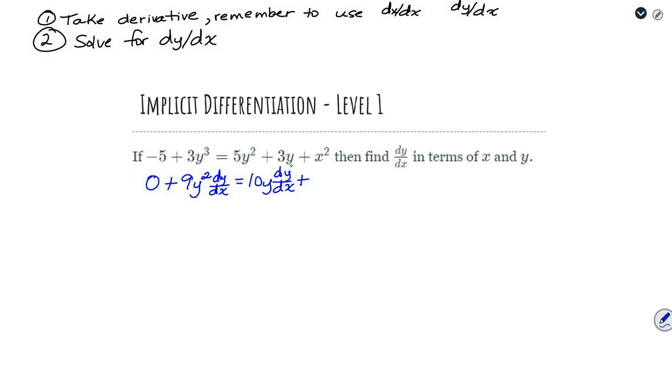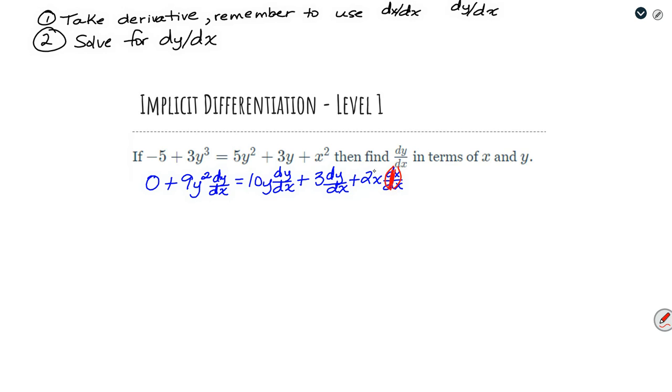Plus the derivative of 3y is 3 dy dx. Plus derivative of x squared is 2x dx dx. Just remember, though, that dx divided by dx is really 1, because anything divided by itself is 1. And so if you don't want to write the dx, you don't have to anymore. But you do have to write dy dx because that is not 1.